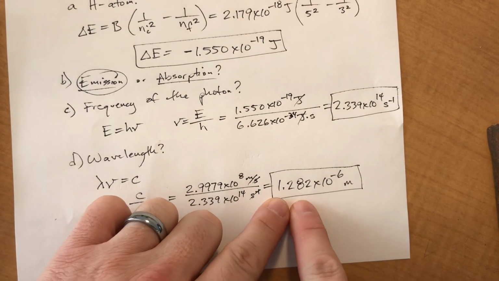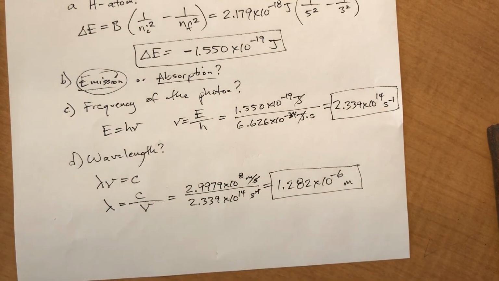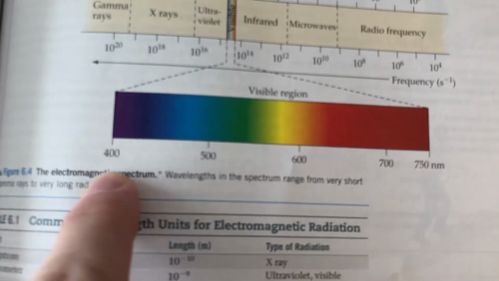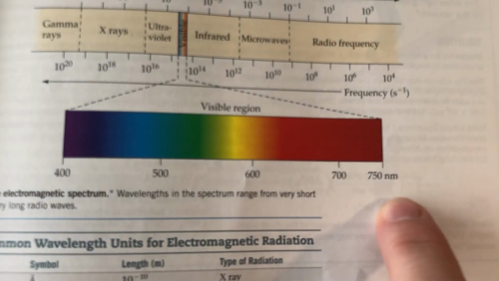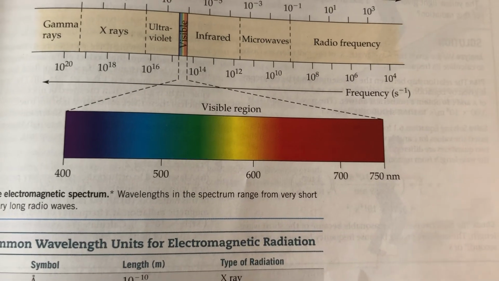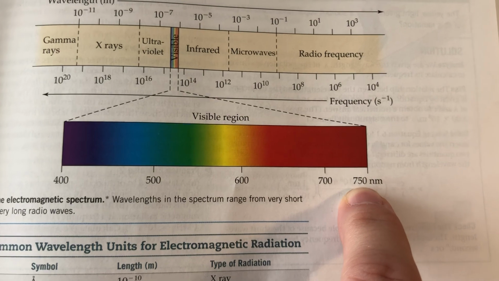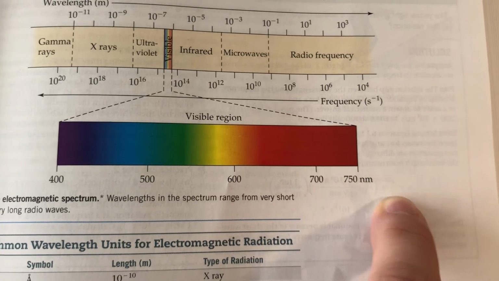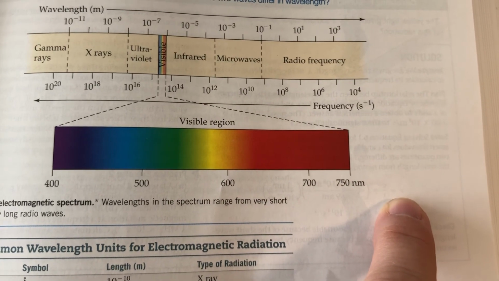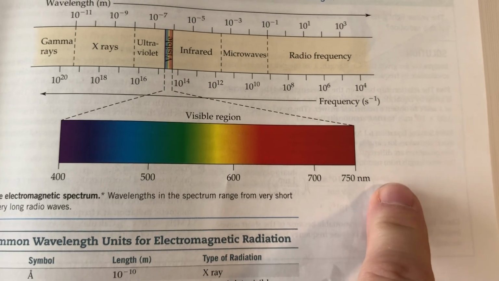If we translate this, that's 1,282 nanometers. So if we look back at our visible spectrum from the other day, the visible spectrum is from 400 to 750. So this would not be a color that we could see. It would be higher in wavelength, which is lower in energy than our visible spectrum.